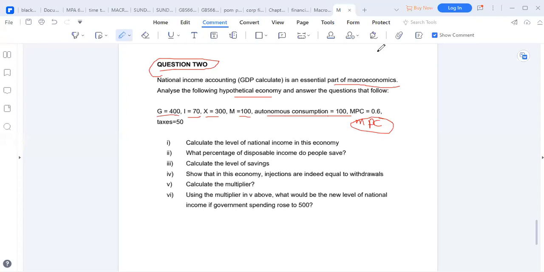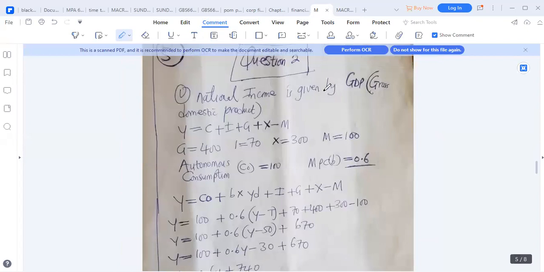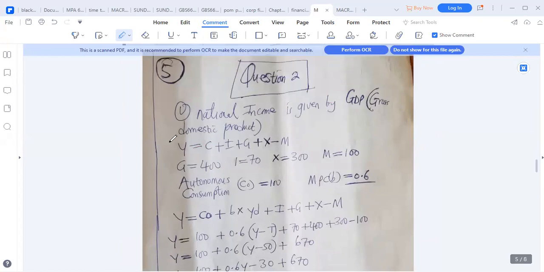So the national income is given by the gross domestic product, where income is equal to consumption, investment, the government expenditure, and the exports and imports.